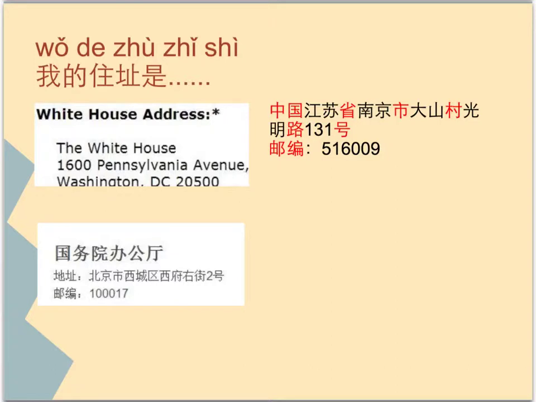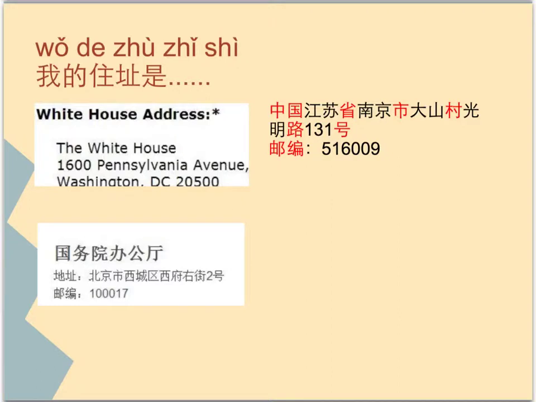And then the next part is the state, Washington, and then there's a country, United States. If it's international mail, you have to put the country at the end. And the last is a postcode.